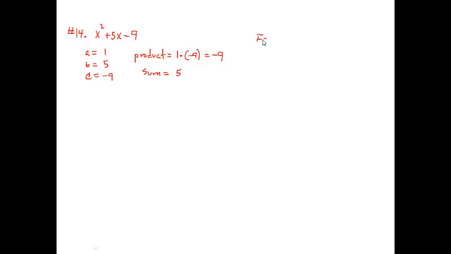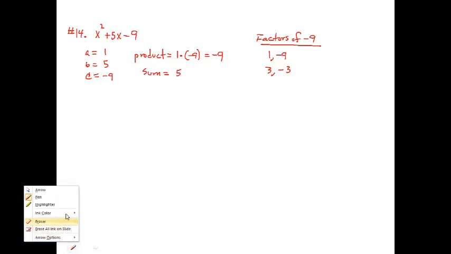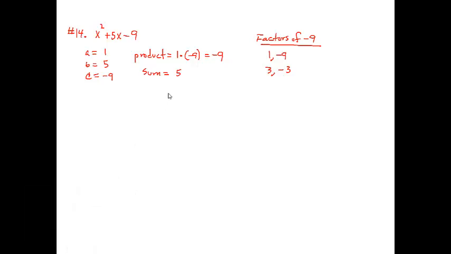I want the factors of negative 9, and those would be 1, negative 9, 3, negative 3. Those are all the factors of negative 9. Then I want to find factors of negative 9 that add to positive 5. Well, this one is going to add to negative 8, and this one is going to add to 0. None of them add to 5, so I cannot factor this, and it is considered prime.